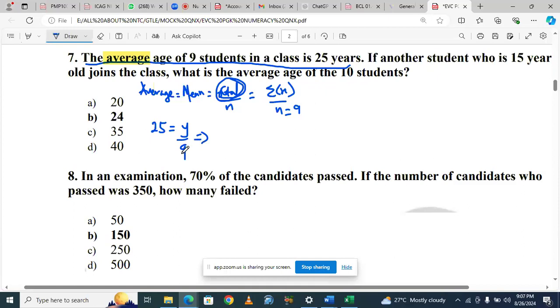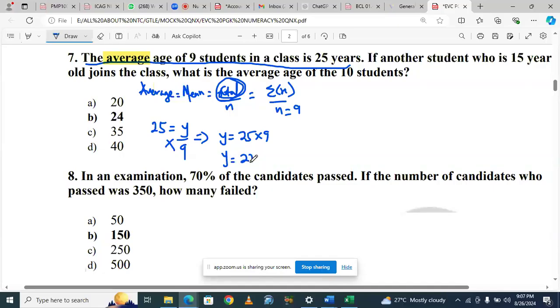If I want to find Y, what do I do? You multiply both sides. Cross multiply. So I have Y will be equal to 25 times 9. And therefore, Y equals what? Can someone tell me the answer? 225.